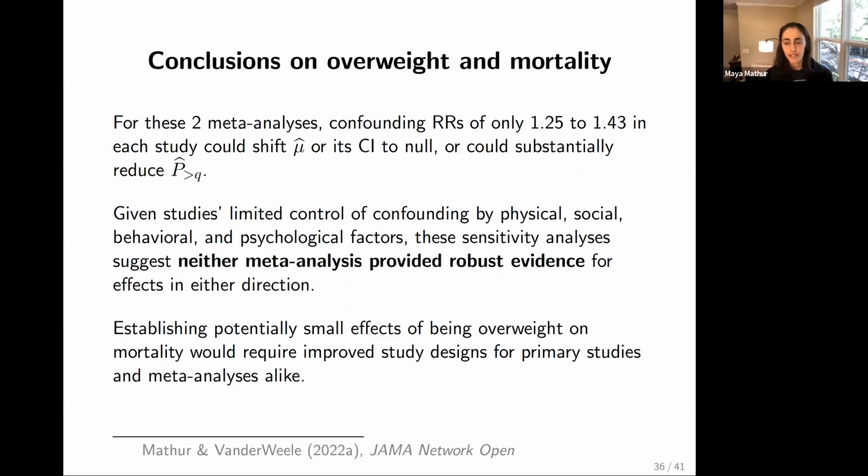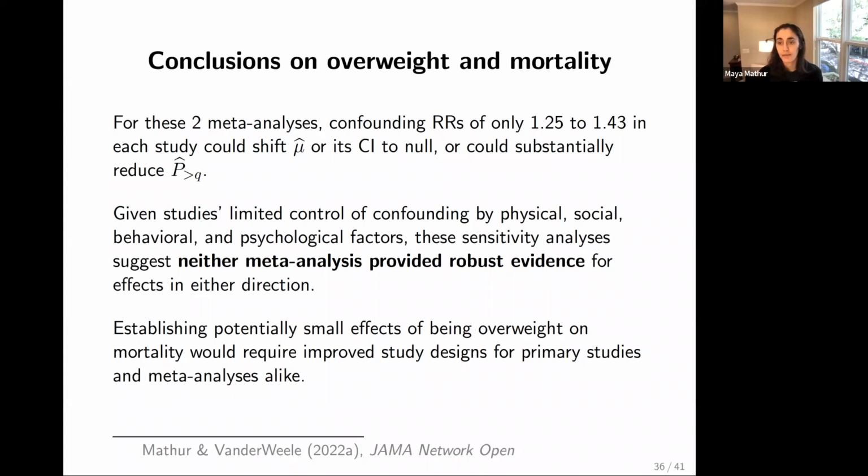And again, it's critical to interpret this in light of the quality of control of confounding in these studies. And I think in this case, given relatively limited control of confounding by probable physical, social, behavioral, and psychological factors, arguably these results suggest that ultimately neither meta-analysis really provides much evidence for effects in either direction, protective or detrimental.